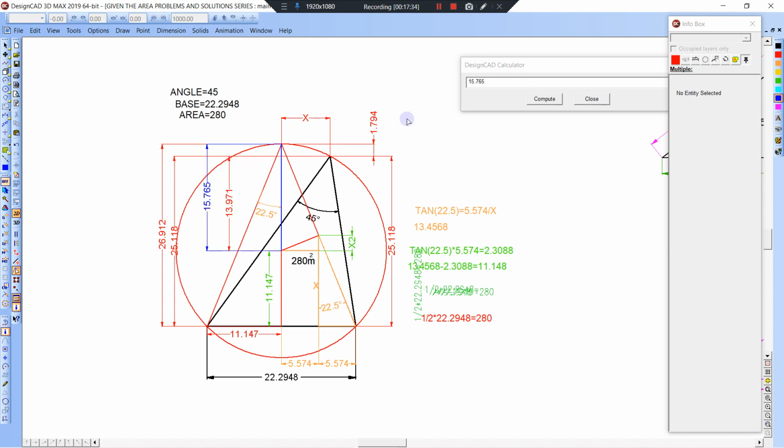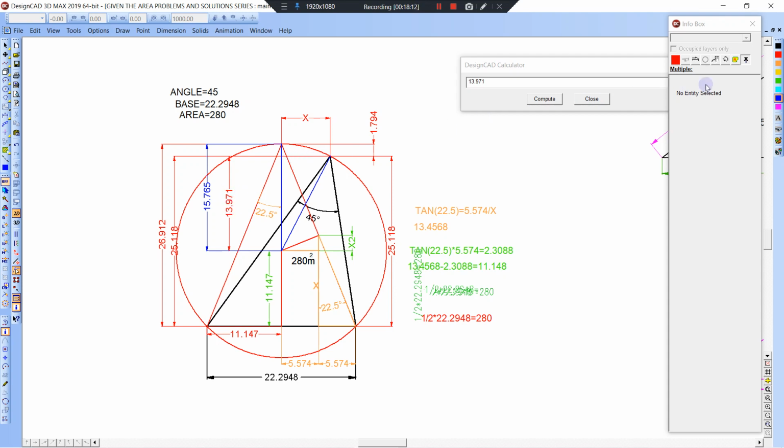Anyways, we have that first, so we know that's the radius, right? So right here, we're going to add that because we know it. What we want is this triangle now, so we can solve for x, right? So we're going to take the radius minus this little dimension there, minus 1.794, and we'll have 13.971. That's the dimension that we were looking for. I shouldn't have put it in, but that's one we were trying to solve for.